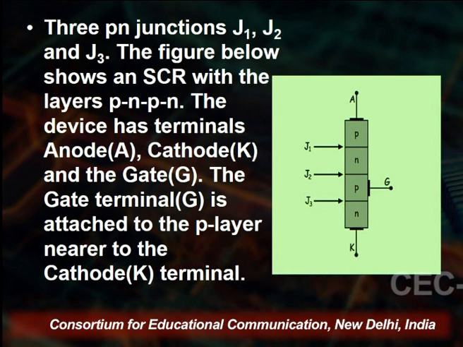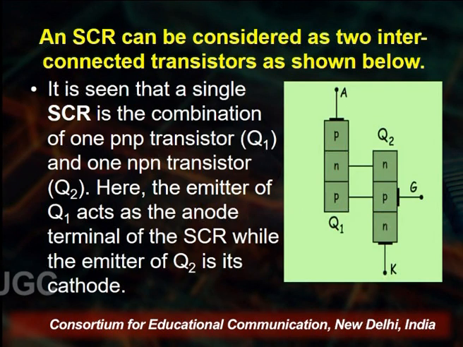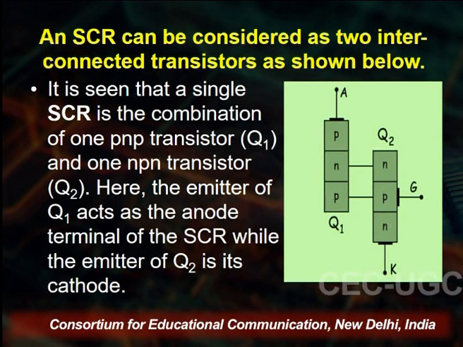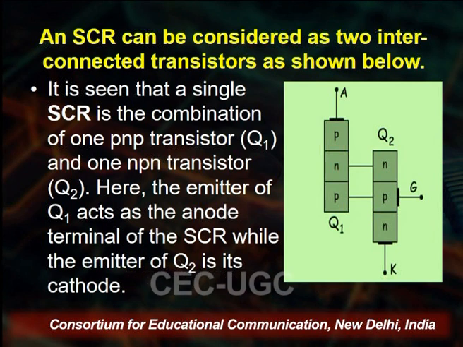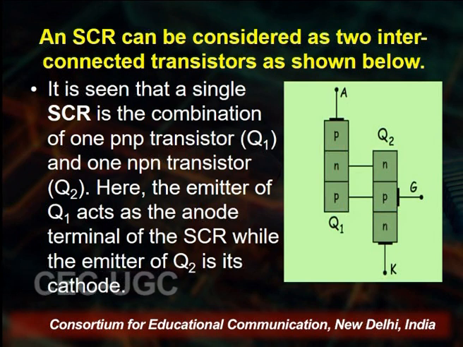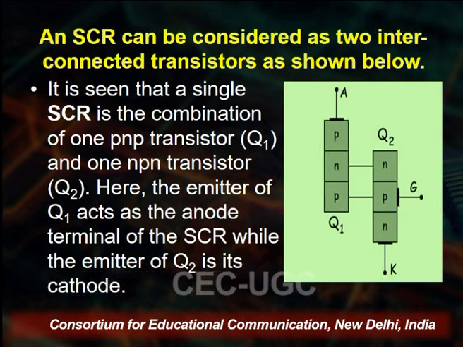Now, an SCR can be considered as two interconnected transistors, as we discussed in the previous lecture. The single SCR is the combination of one PNP transistor, represented by Q1, and another NPN transistor, Q2.